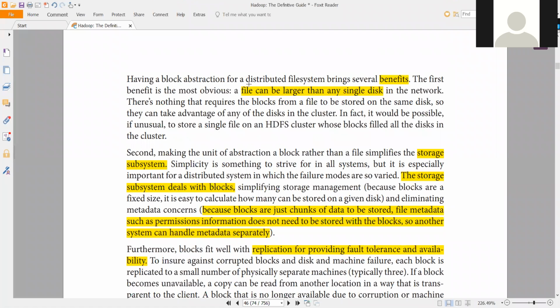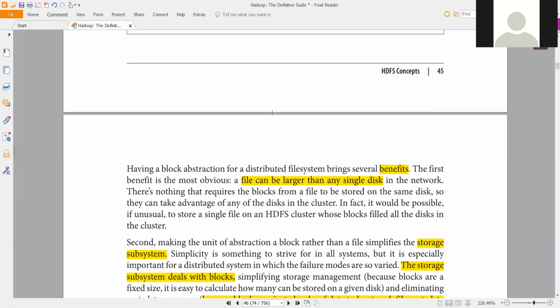Before we understand the benefits, we should know that HDFS is a distributed file system. There are multiple disks your HDFS has to manage. You may have 100 disks in your HDFS space.